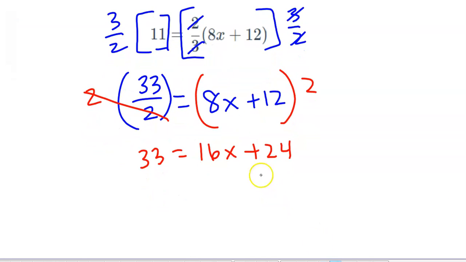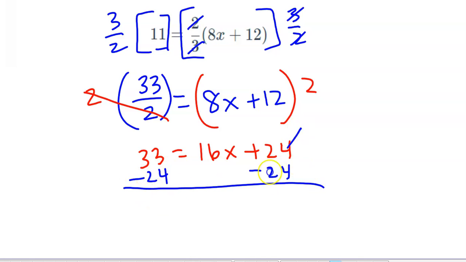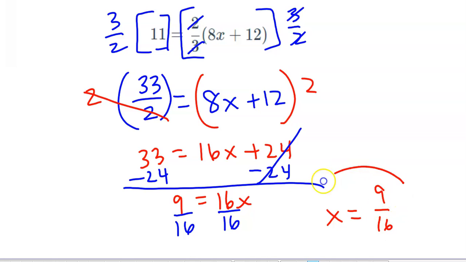And then I use my inverse operations. 33 minus 24 is 9. Divide both sides by 16. And again, write my answer in simplest form, which is 9/16.